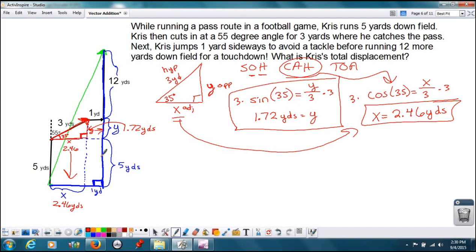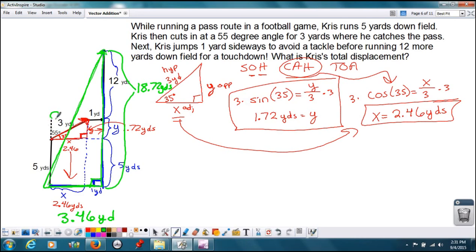Now I've got this nice big right triangle. I need to find the total length here, so 1 plus 2.46 is 3.46. That's the total x direction. Over here, I need to add everything up, so 12 plus 1.72 plus 5, 18.72. I need to figure out the hypotenuse.